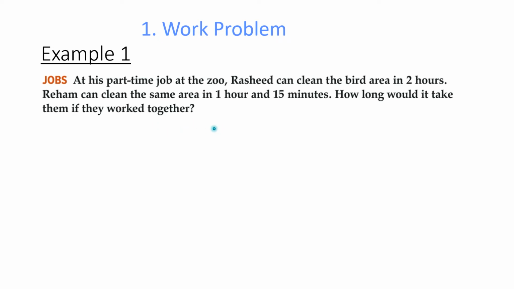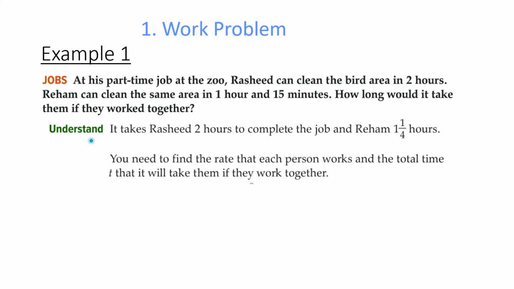So as I mentioned earlier, first of all, we have to understand the problem and then plan the problem. Here, Rashid takes 2 hours to complete the job and Reham takes 1 and 1/4 hours. And we need to find the rate that each person works and the total time t that it will take them if they work together.